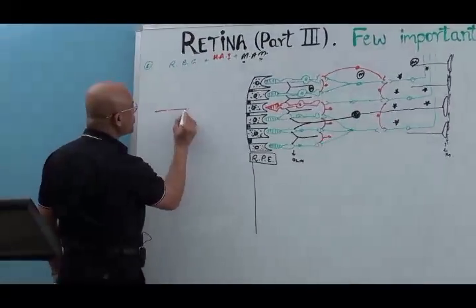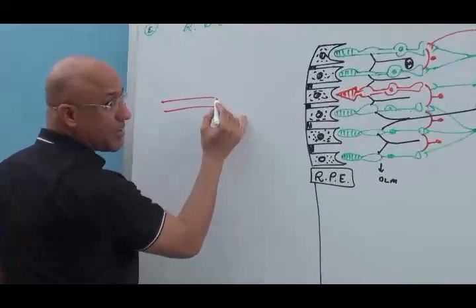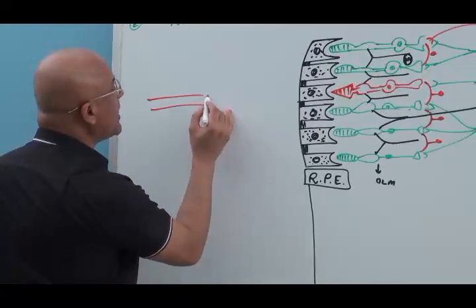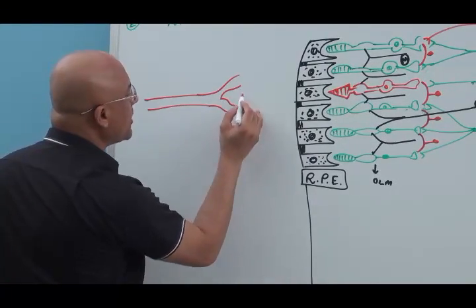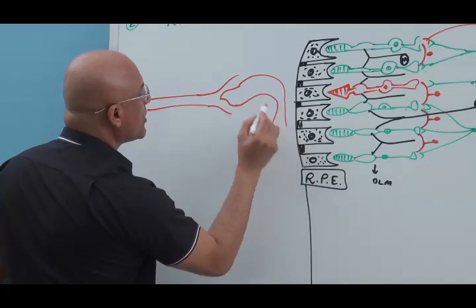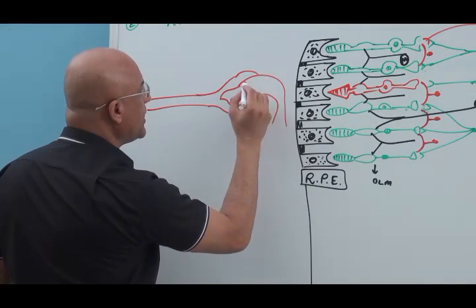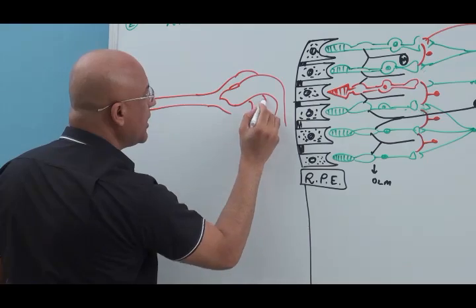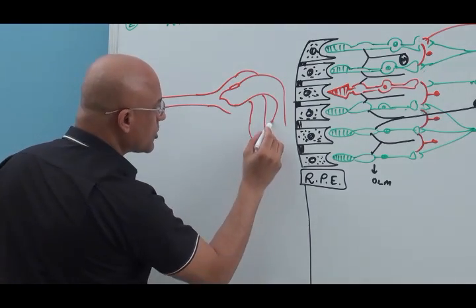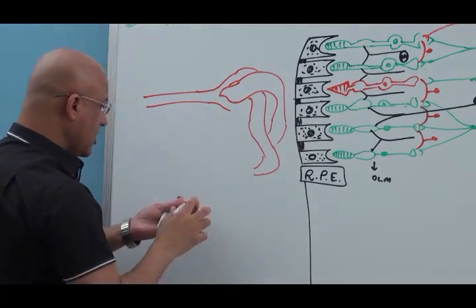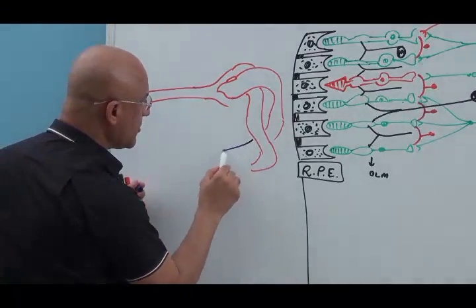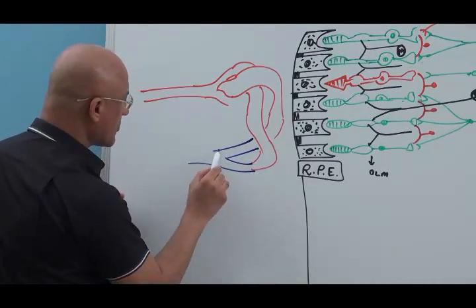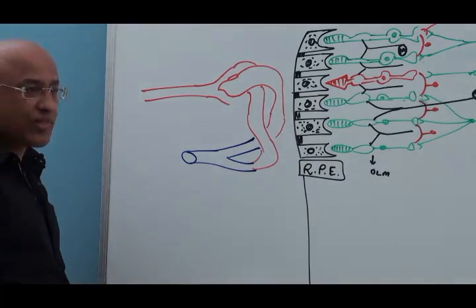Let's suppose this is the posterior short ciliary artery, and it will divide into multiple sinusoids. Is that right? These sinusoids will of course eventually drain into what? Vortex veins. Is that right?